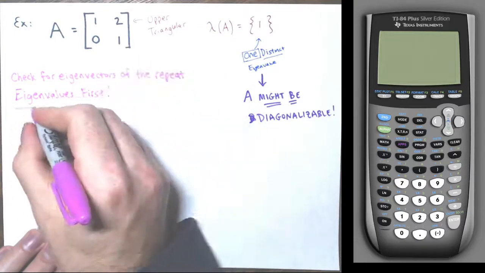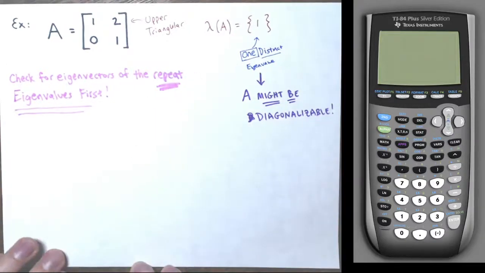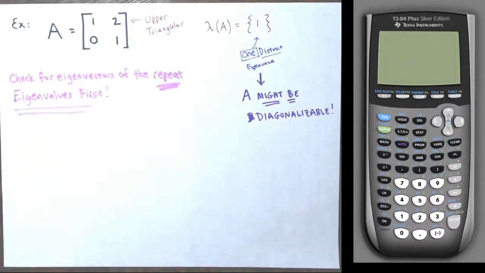Because all the eigenvalues that only show up one time, that only have a multiplicity of 1, you're going to get one eigenvector out of that. The ones where the multiplicity is 2 or more, like this, you'll get at least one eigenvector, but you don't know if you may get more than one.